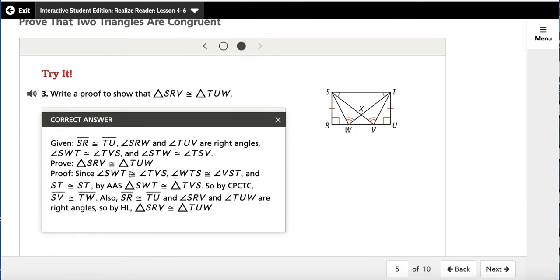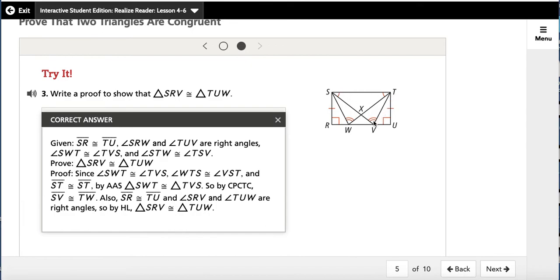We're just going ahead. Since SWT is congruent to TVS, that's this angle here, and ST is congruent to ST, which is this up here, and this little angle here is congruent to that little angle here. By angle side, we can say SWT is congruent to TVS, okay?